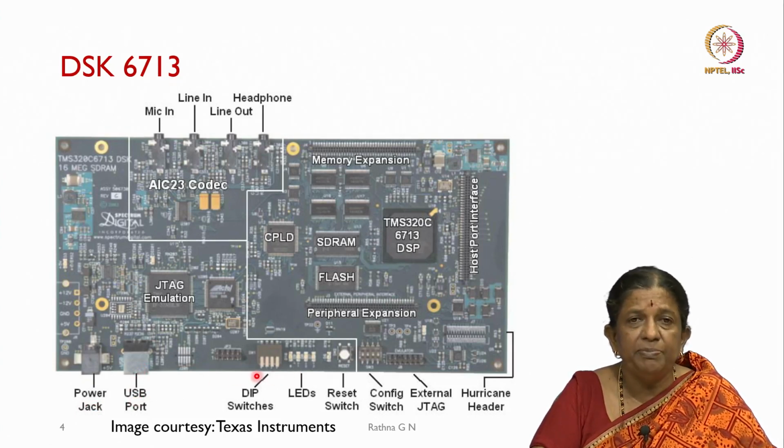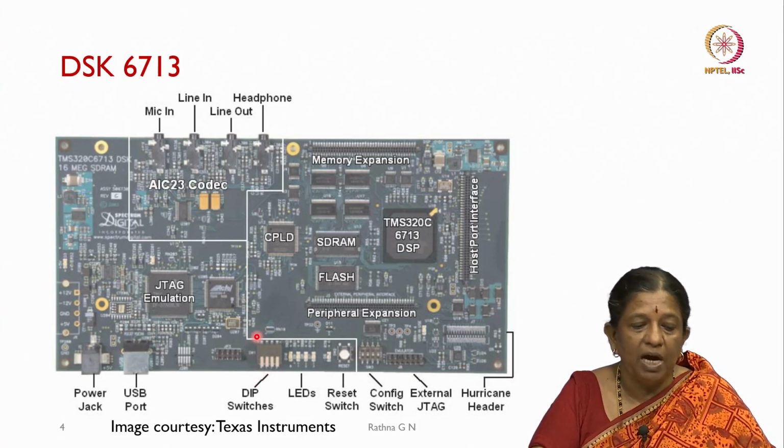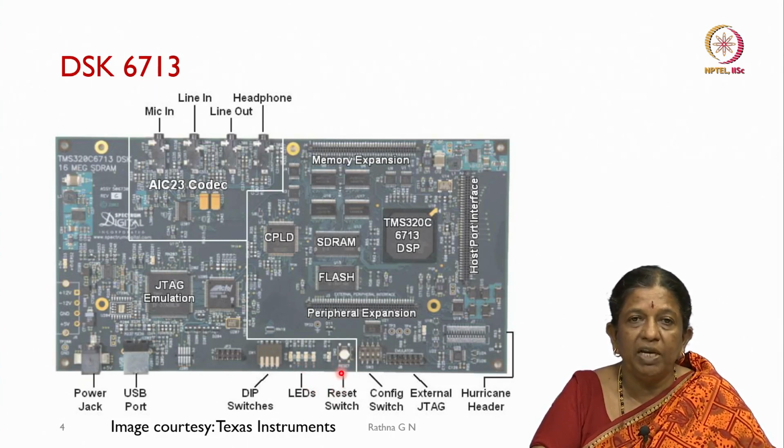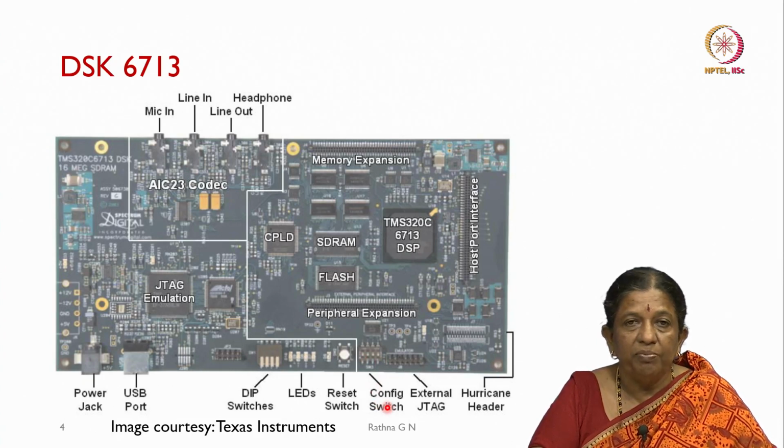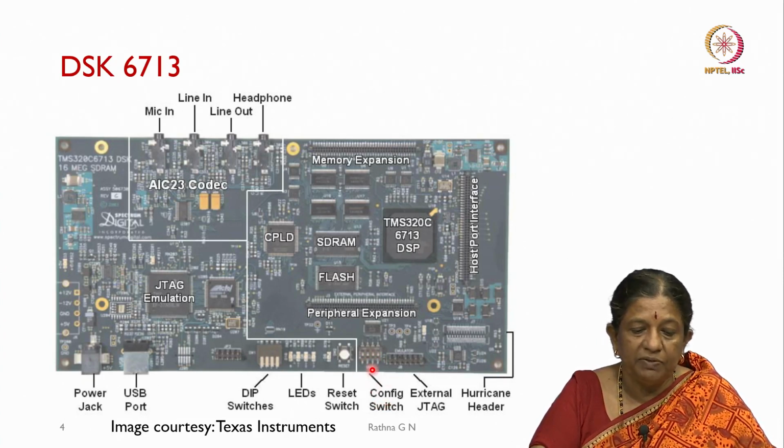There are some dip switches through which you can configure your input and output, and some LEDs to show immediately whether your board is working or not. There is a software reset switch available here, and a configuration switch, with which you can configure how this has to boot.